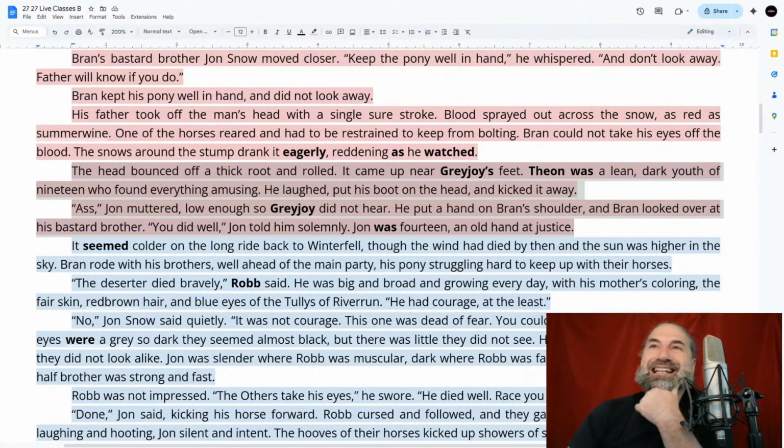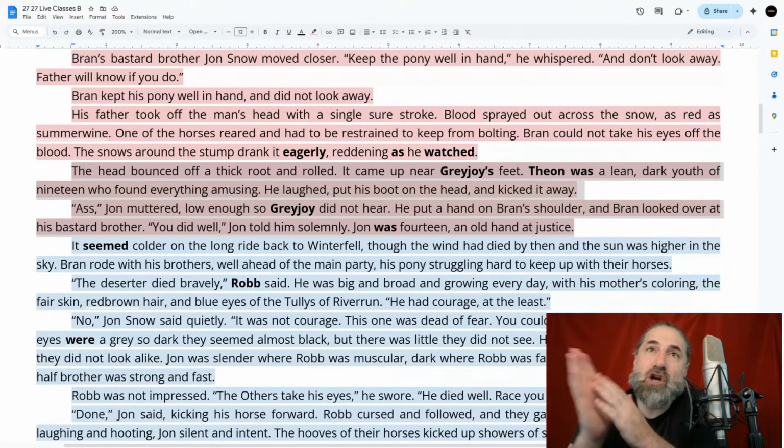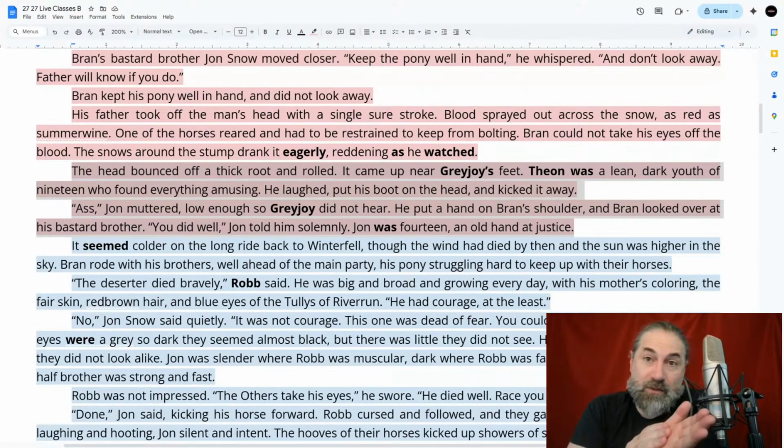Okay? But this is also seeding something. Theon Greyjoy is an outsider, even more so than Jon Snow, because he is somebody that was taken into the family as basically a captive, right? So we're seeding the disconnect between how the Stark boys, including Jon, by the way, right?